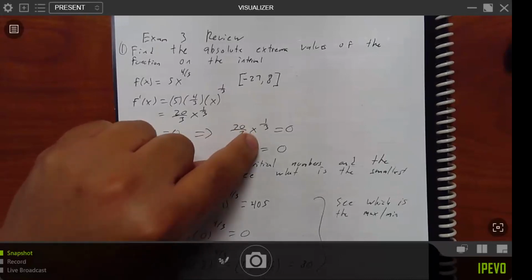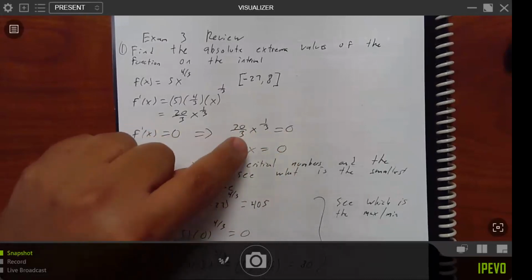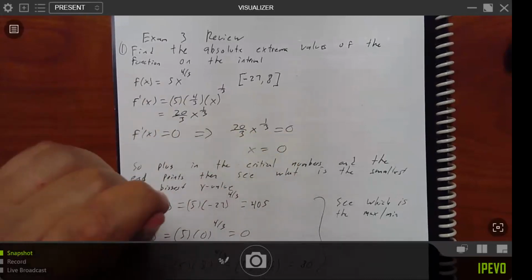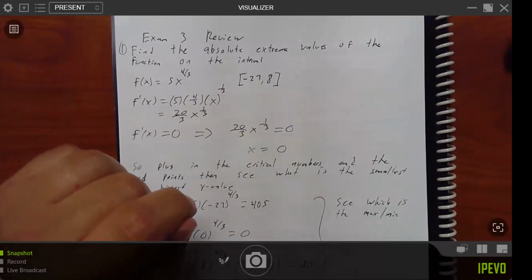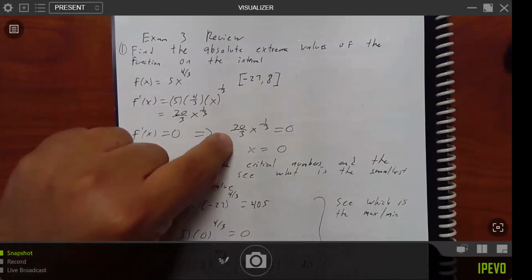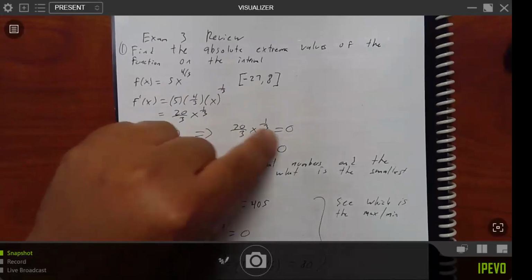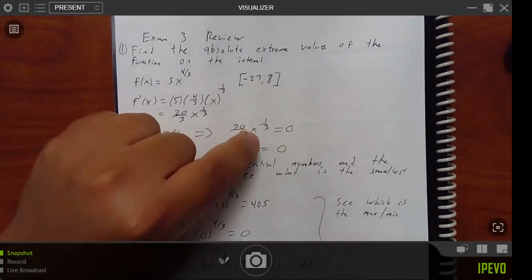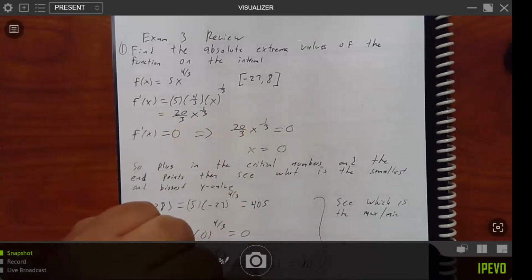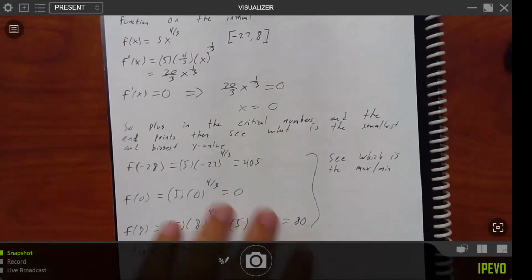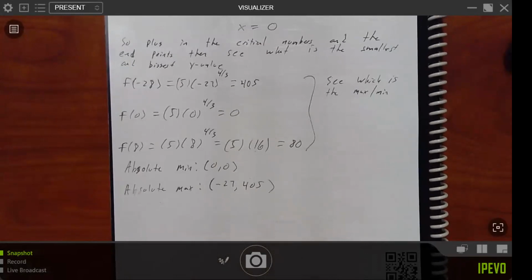There's nothing you can plug in here that'll make it 0 other than 0. Think of it this way: 20/3 times a number is 0. Well, that number needs to be 0. Oh, okay. For some reason, I thought I saw an addition or subtraction sign. I was like, wait, but no, never mind. All right, sorry. You're good, as long as it makes sense.